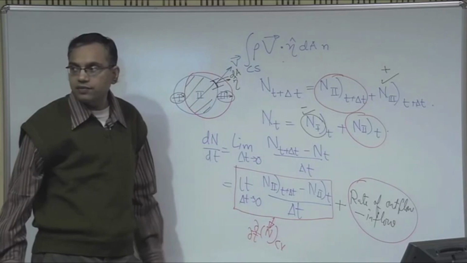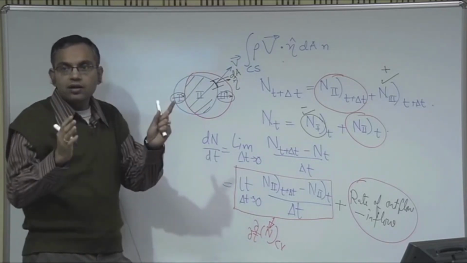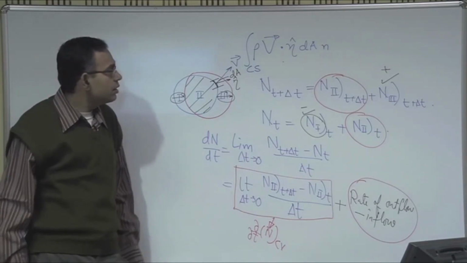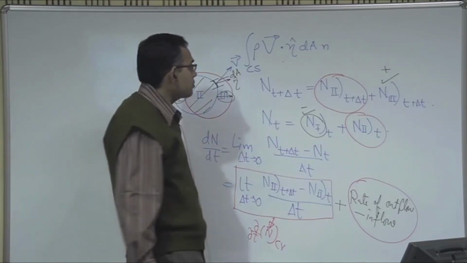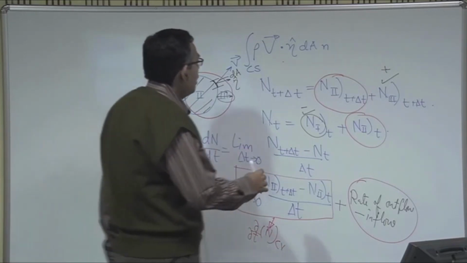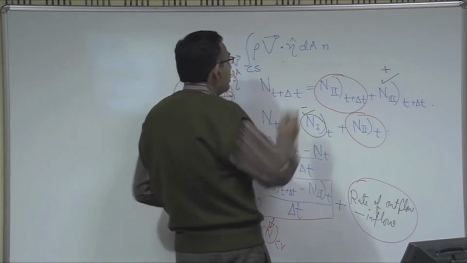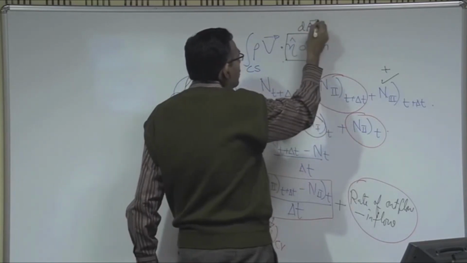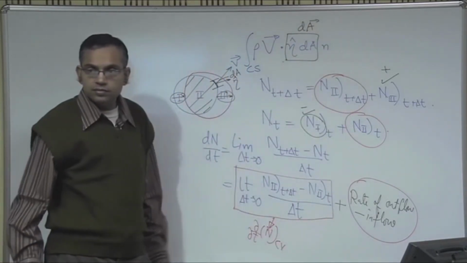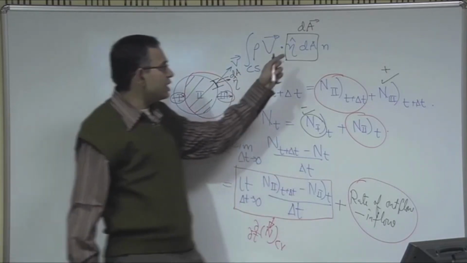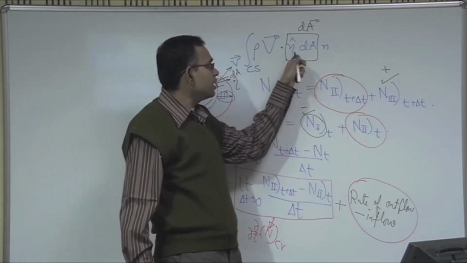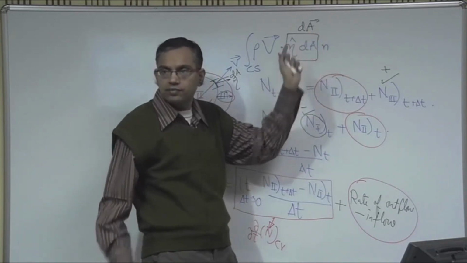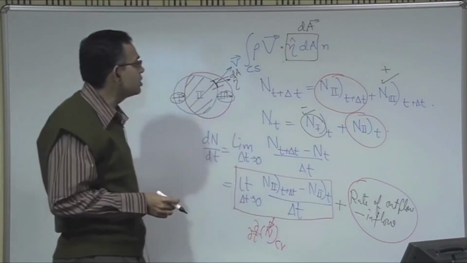CS means control surface, the surface which is bounding the control volume. As an alternative notation, many times this can be written as a vector dA. Either you write it as the normal vector times the scalar area, or you write it as an area vector itself. These are two alternative ways of looking at it.